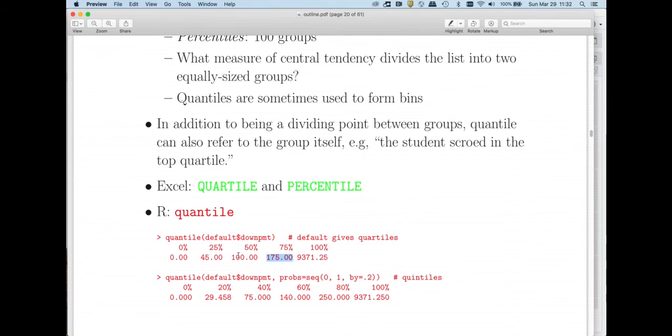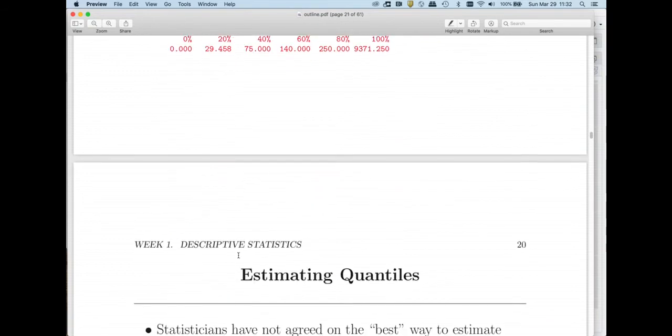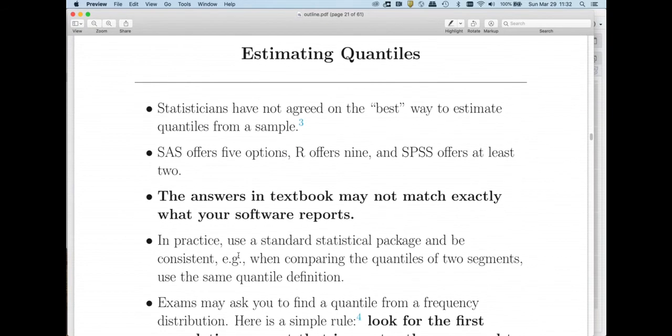All right, so that's the definition of quartile and quantile, how we find them in R. Now, I want to warn you, statisticians and software designers don't agree on how to define a quantile, even just a quartile for that matter.